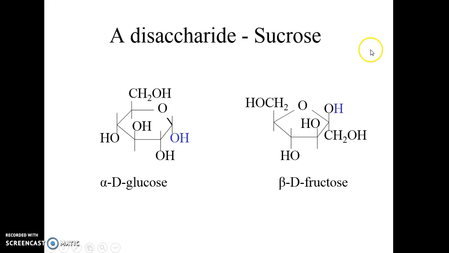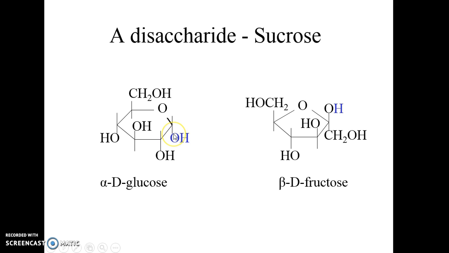Sucrose, which is table sugar, is made of glucose connected to fructose. Glucose we've been looking at, but fructose, the first time we've seen the ring closed form of it, this was an aldehyde right here. And so that's how I'm able to recognize it as fructose. And of course, we look at the anomeric carbon right here, and we see that it's up.